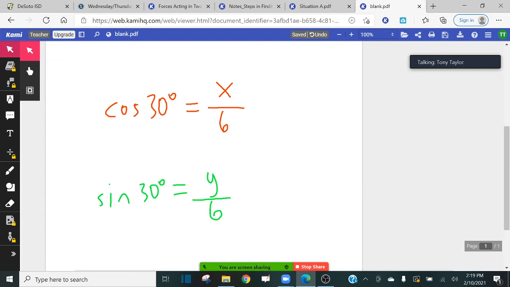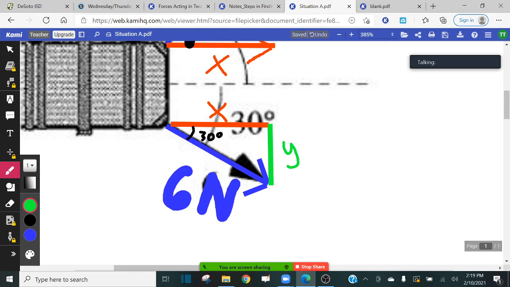Could someone put those values in their calculator to tell me what x is and what y is? Y'all should know how to solve for x and y. This is just algebra.